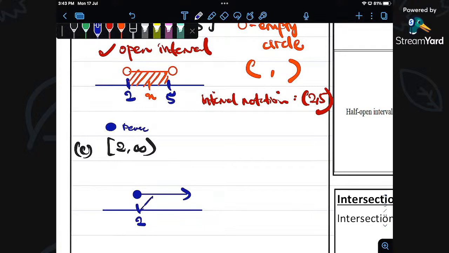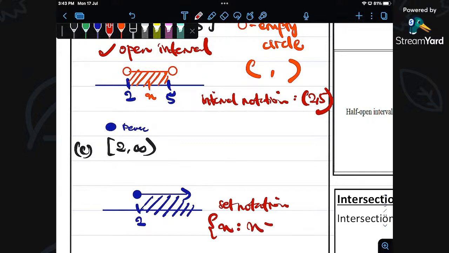The region is from 2 to the right. As for the set notation, it can also be written as x such that x is bigger than or equal to 2. So this is a way of writing other than the open interval.